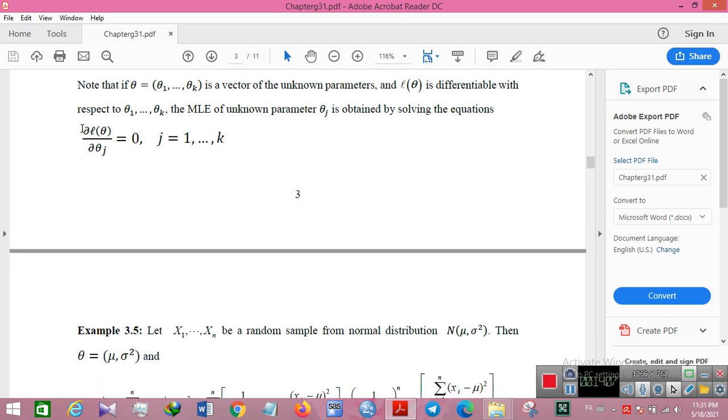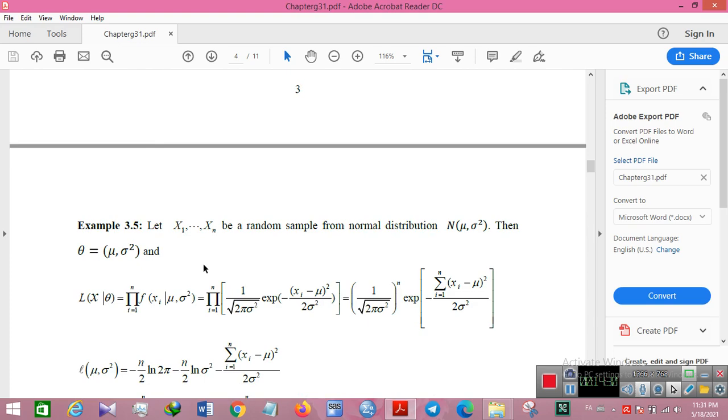Okay, it is simple to use this form of equation and look for the derivative of the log likelihood with respect to every theta j. For example, let x1 to xn be a random sample from the normal distribution with mu and sigma square, and we suppose mu and sigma are unknown parameters.